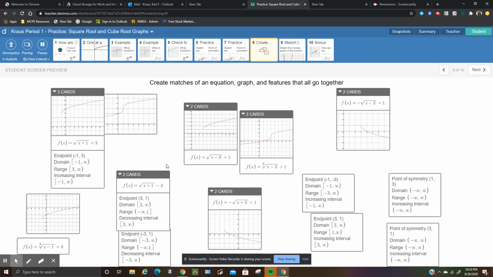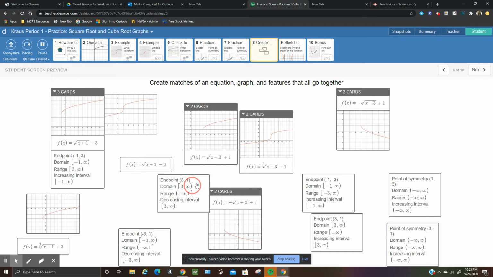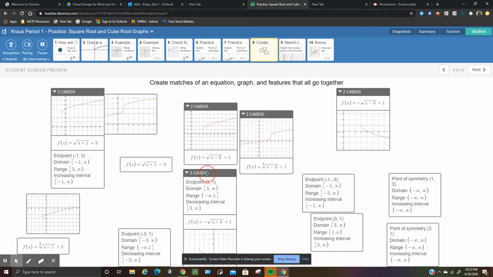How did I get that one on there? Oh my goodness, when I get near something, then it just attaches. I thought it wasn't supposed to attach unless it was correct.